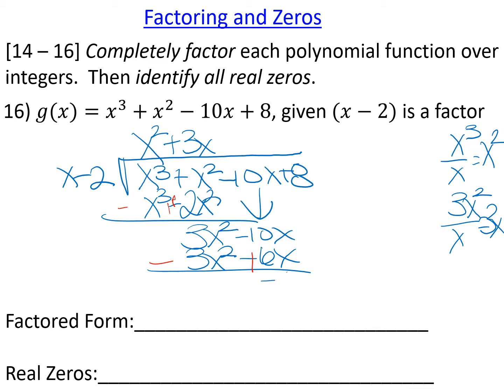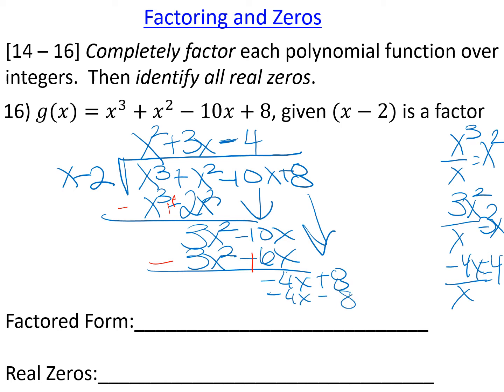I'm going to do my -4x plus 8. Okay, so I take the -4x, I divide by x, I get -4. I distribute my -4. -4 times x is -4x, -8. Okay, and when I distribute my negative, I get a remainder of 0, which is exactly what I wanted.